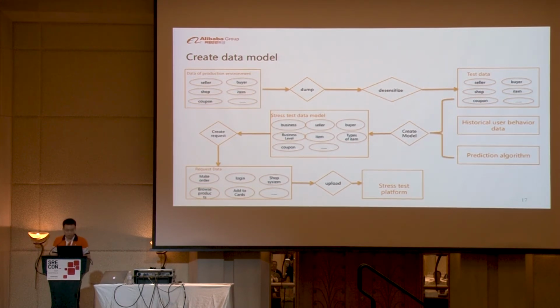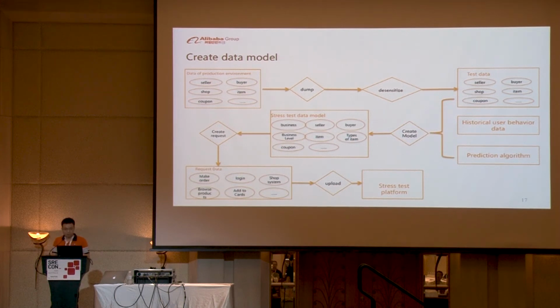First of all, dump enough data from the online database, including buyers, sellers, products, discounts, and so on. Then make the necessary filter and remove sensitive fields like telephone numbers of users. We store this data as the basic data.